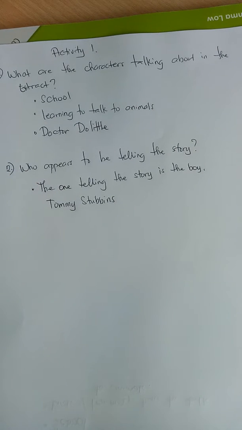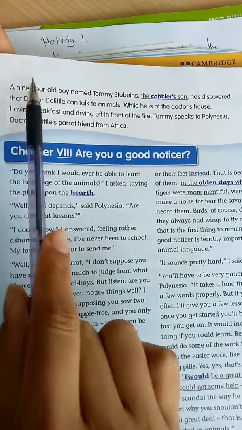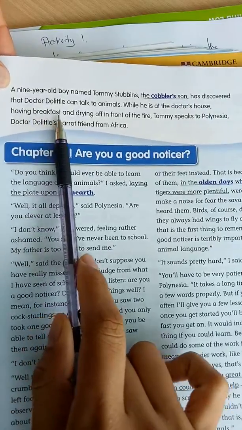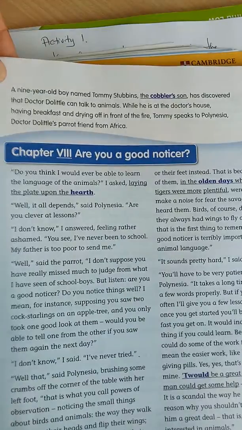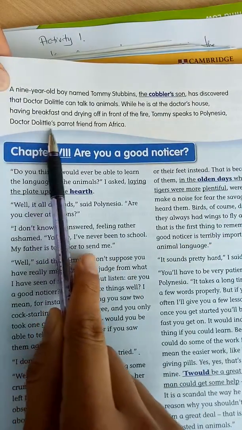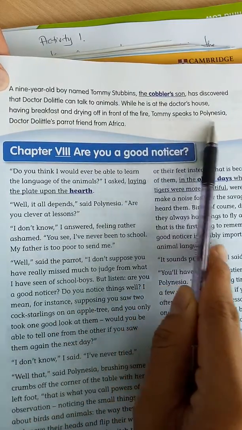And for the evidence or proof in the extract, when you read the first paragraph on top, it says here, having breakfast, Tommy Stubbins, the name of the boy, speaks to Polynesia, Dr. Dolittle's parrot friend from Africa. So Tommy speaks to Polynesia.